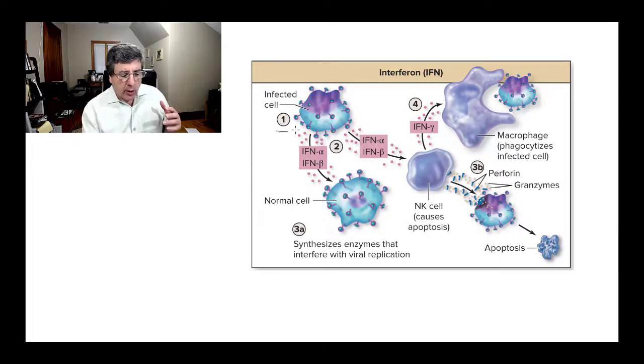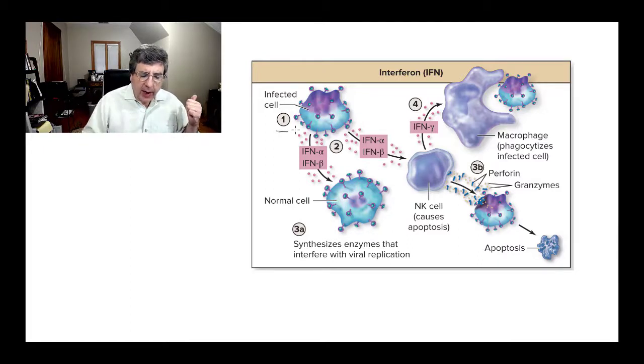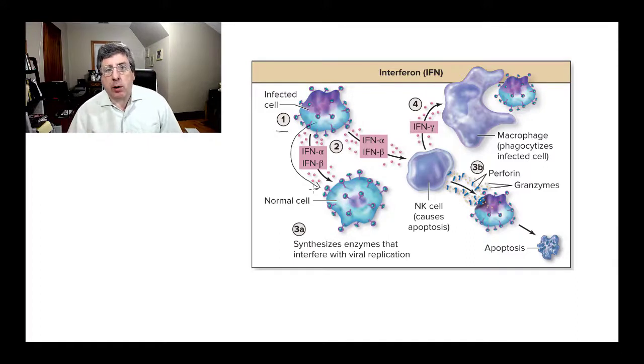So the infected cell starts synthesizing and producing interferon, the three different types: alpha, beta, and gamma. The alpha and beta will do a couple of different things. One, it is released by the infected cell, and it goes to a healthy neighboring cell.